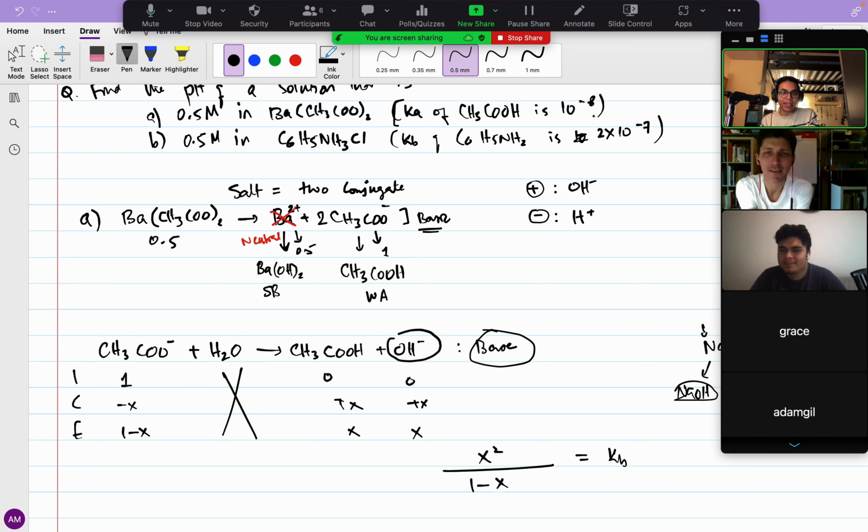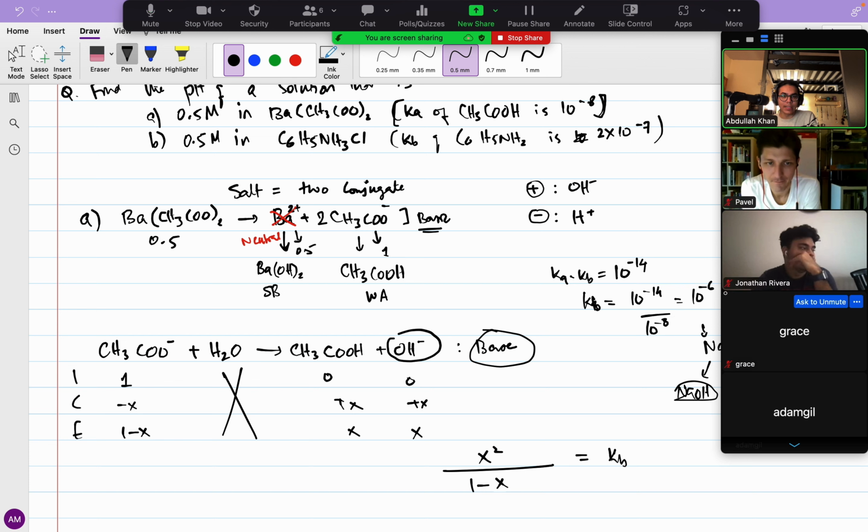The product of Ka and Kb should be 10 to the power negative 14. Yep, exactly. So you can solve for Kb by dividing 10 to the negative 14 by Ka, which is 10 to the negative 8, so 10 to the negative 6, I think.